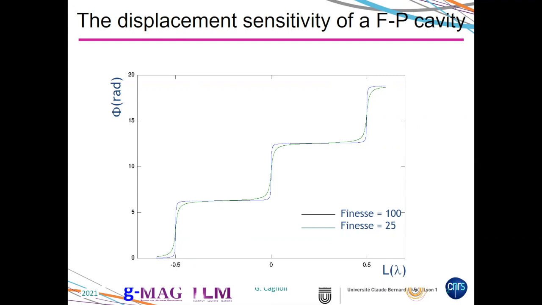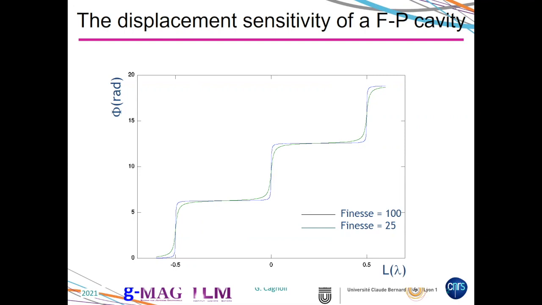The length is given in terms of wavelength of light. So 0 is an artificial 0, a length that is a multiple of the wavelength. And on the y-axis, we see the phase of the light that is reflected back from the cavity.